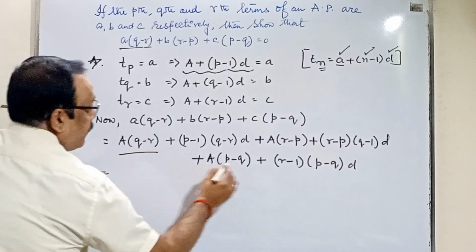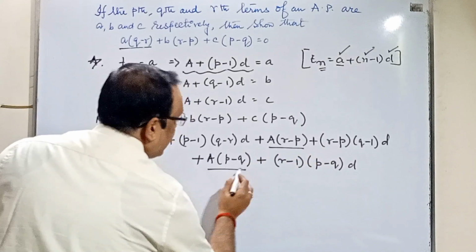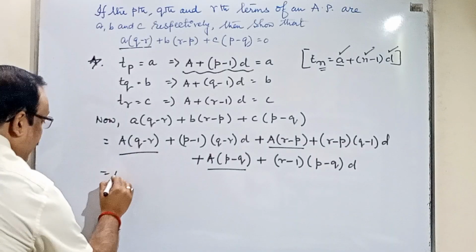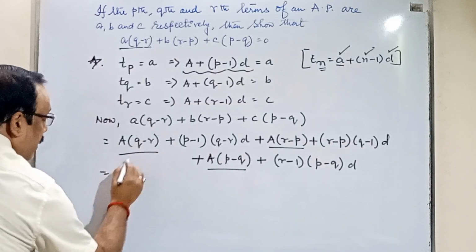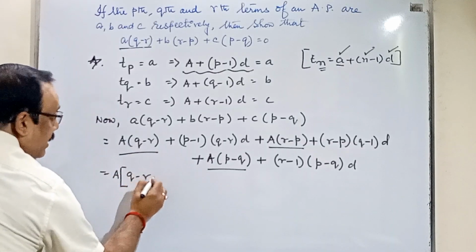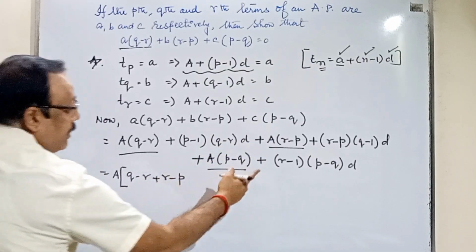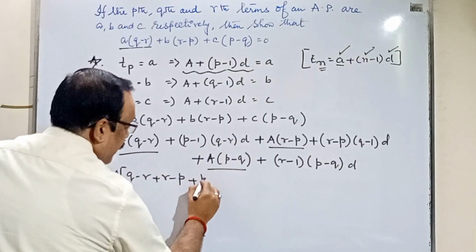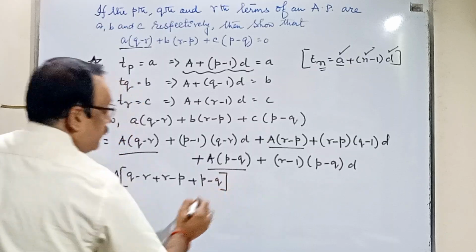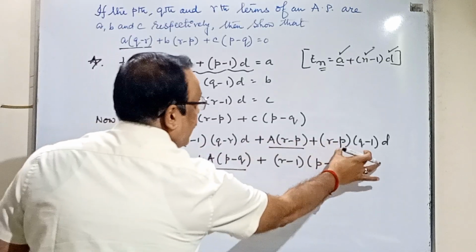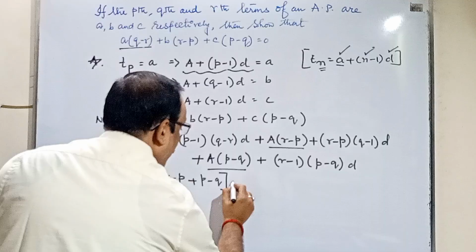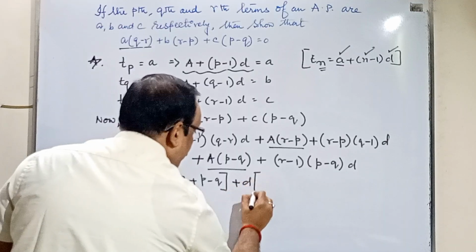So this term and this term have A. If I take A as common, I am left with (Q minus R) here plus (R minus P) here plus (P minus Q). Now these terms have D common, so I am taking D common.